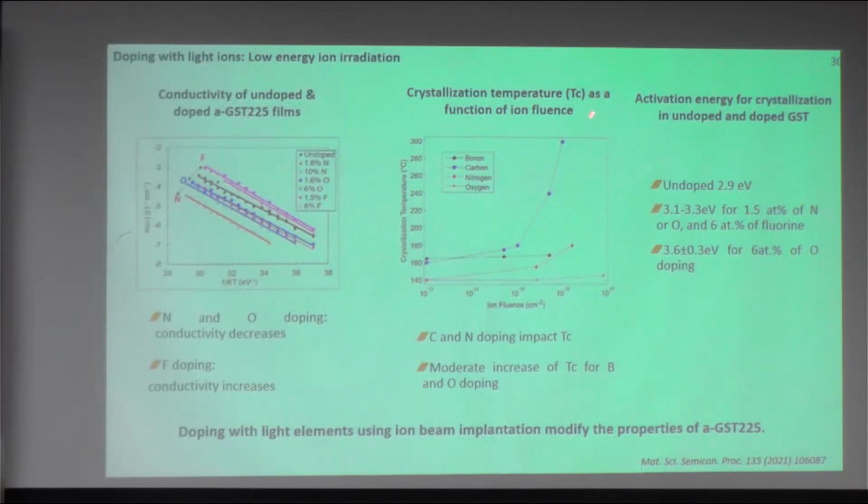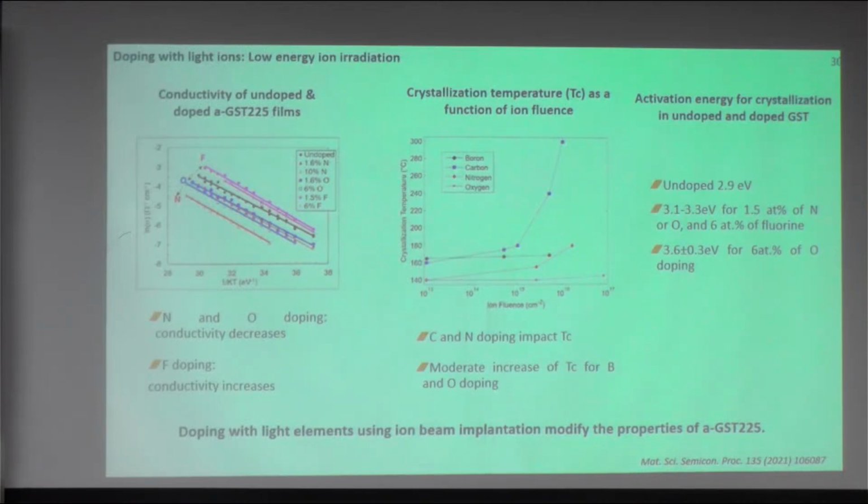In the case of carbon, this is a really impressive effect. You can achieve values like 300 degrees C. For boron, a light element, and for oxygen, this effect is not so large. Also, doping influences the activation energy of crystallization.